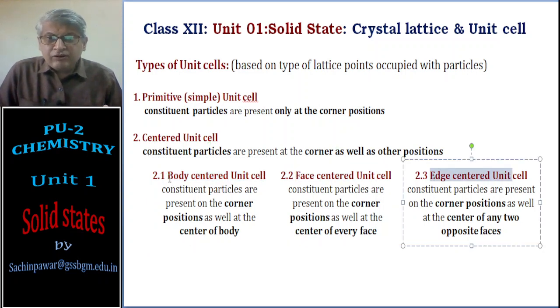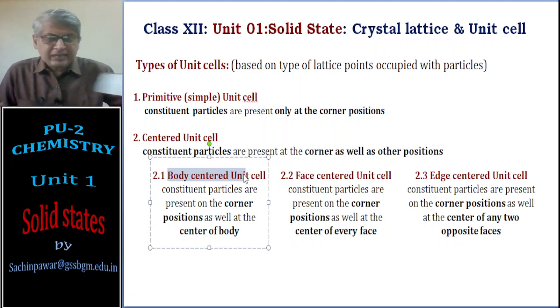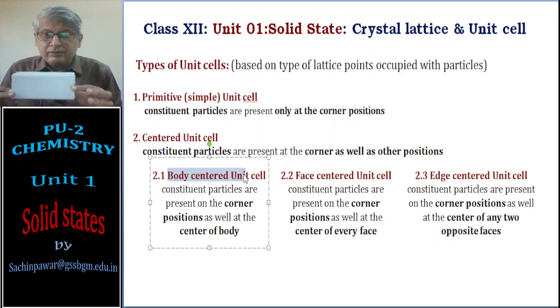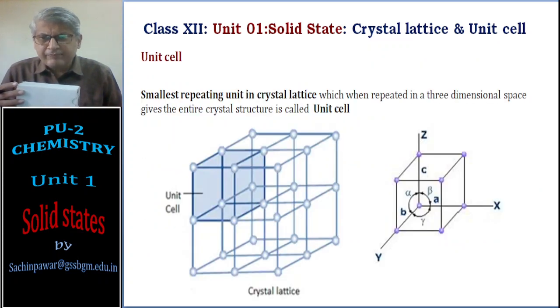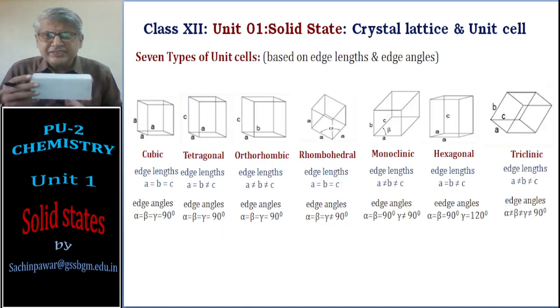I'll explain you meaning of body center. Body center means, suppose this is one unit cell. It belongs to a category where, see, edge length A, edge length B, edge length C. All 3 are not same.